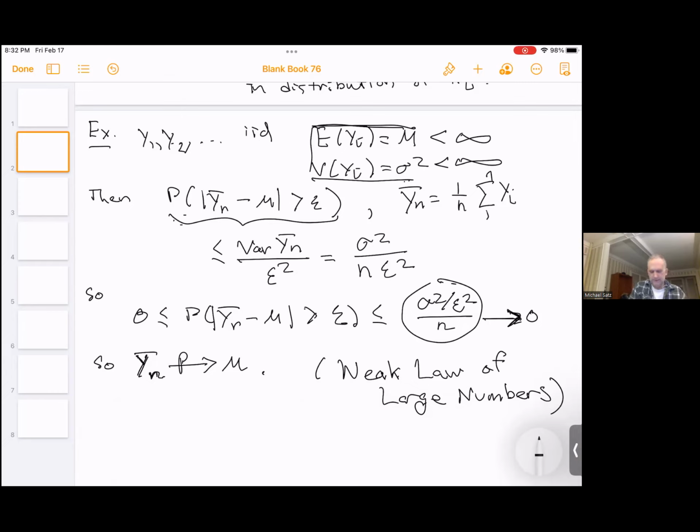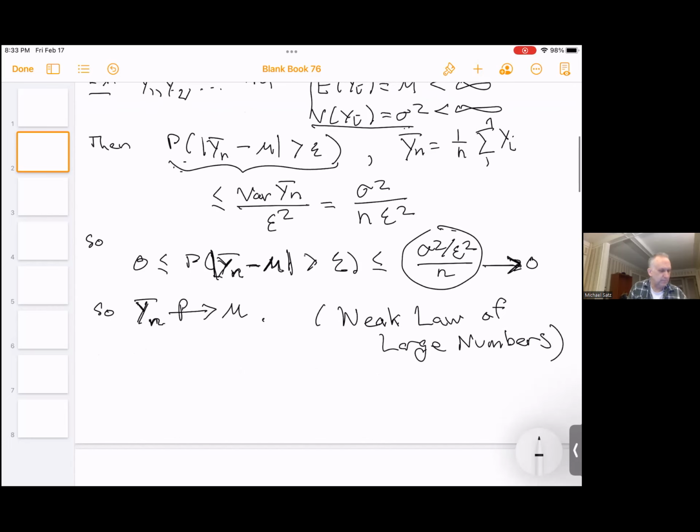You notice the requirement here too is that mu be the expected value of Y bar n. And that has been shown many times, so that's required certainly for this proof here.